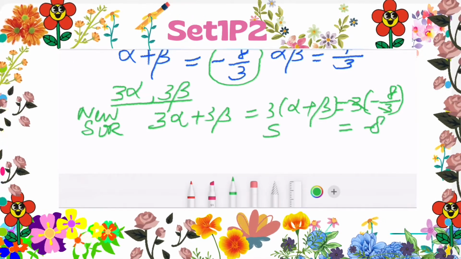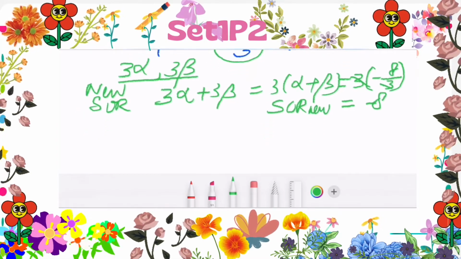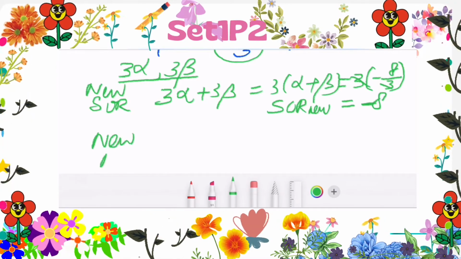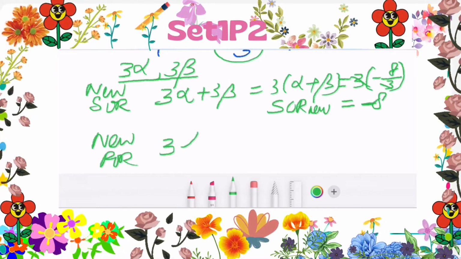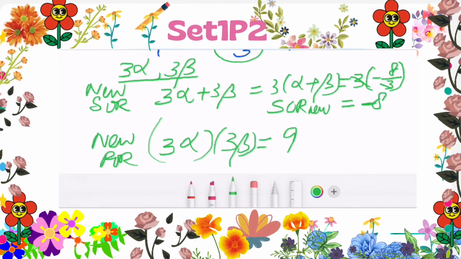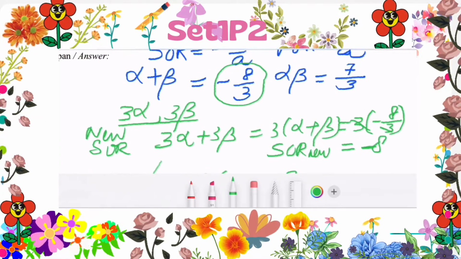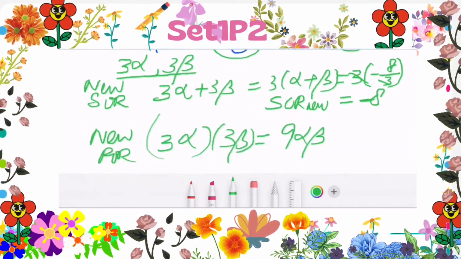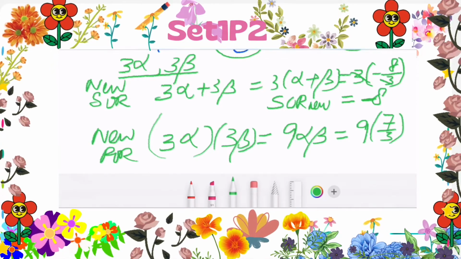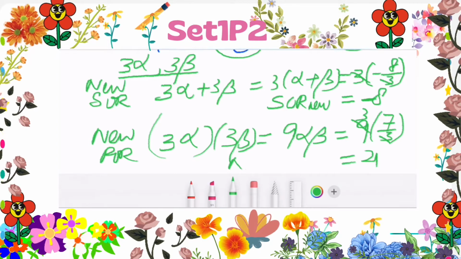That means the new sum of the roots, the green one, is negative 8. Make it clear. Now we need to find the new product. What is product? Of course, you need to use the new roots, 3 alpha and 3 beta. You multiply, it will be 9 alpha beta. How to find the value? Refer to the blue one. So it's 9 times 7/3. So you simplify, you get 21. That means this is the new product.